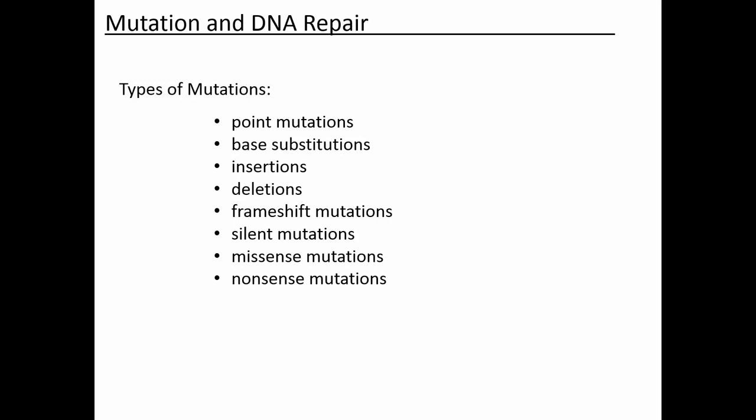Okay, so if I have a sequence of nucleotides A, T, G, C, A, C, A, and here's the complementary strand. Okay, so this is the normal DNA sequence. So let's say that this right here is one nucleotide base pair.